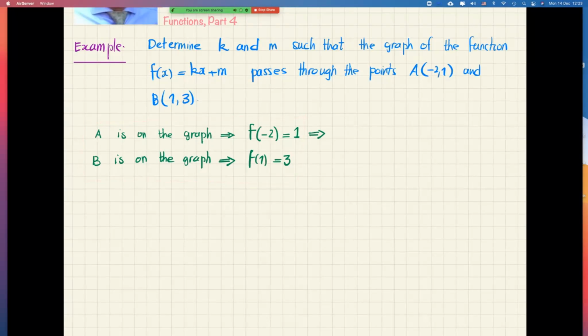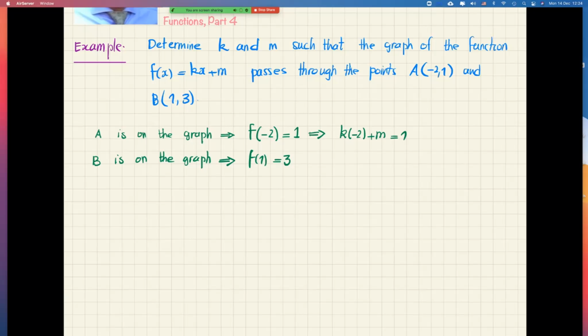If I ask you, how do you calculate f of -2? If I give you the formula for the function, this is the previous lesson. You would say that I go to my function, I take the input x out and substitute it with this -2, which is given. So this means that k times -2 plus m is equal to 1.